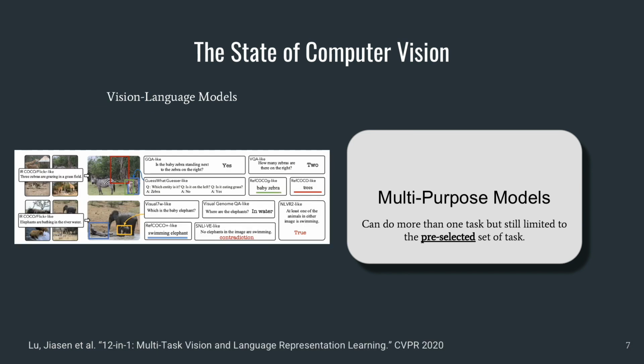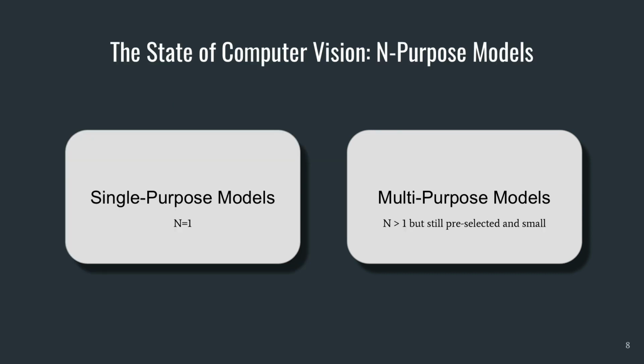In vision language models, for example, this pre-selection of tasks manifests itself in the model design in the form of multiple task-specific output heads. In some cases, even different datasets for the same task, like the VQA and GQA datasets for the visual question answering task, may have dedicated output heads to support different answer distributions. In short, the story of computer vision so far has been one of n-purpose models.